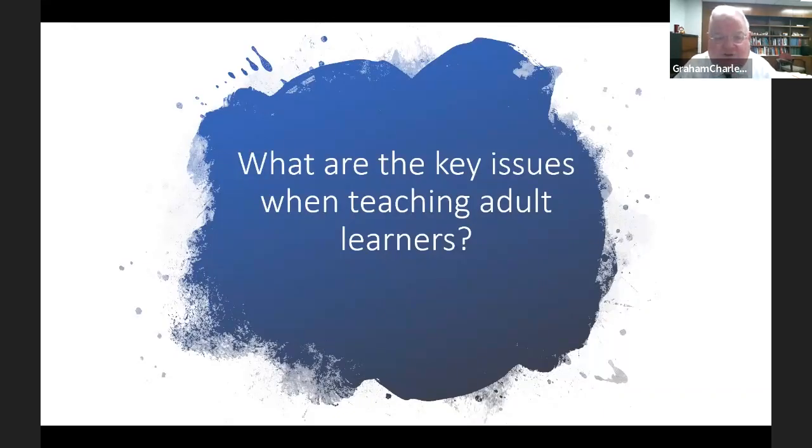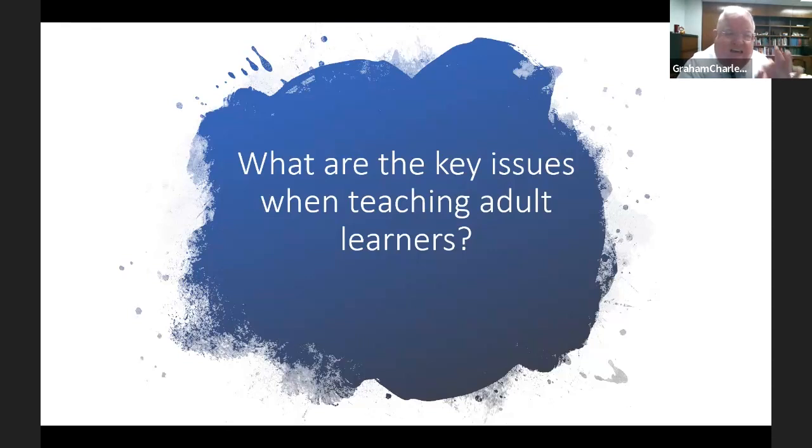What I'd like for you to do is to think about what are the key issues. If you're going to teach a group of adult learners, let's say that you've been assigned to do a session next week on community-acquired pneumonia, whatever the topic is.